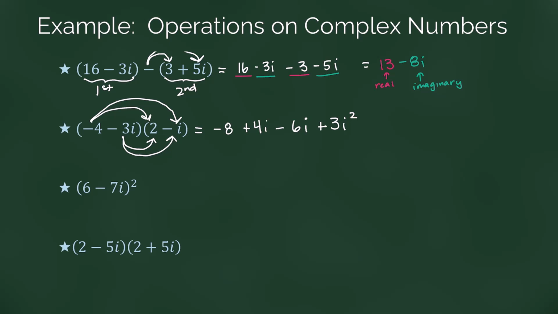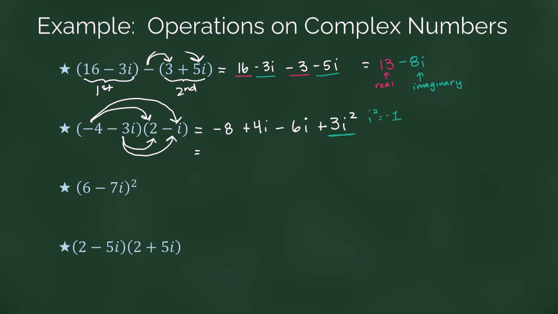Now, we want our final answer to be a complex number, so we need to write it in the form a plus bi. We have addition and subtraction going on here, so we're going to combine our like terms. Before we do that, let's look at this last term, 3i squared. Remember that i squared is equal to negative 1.